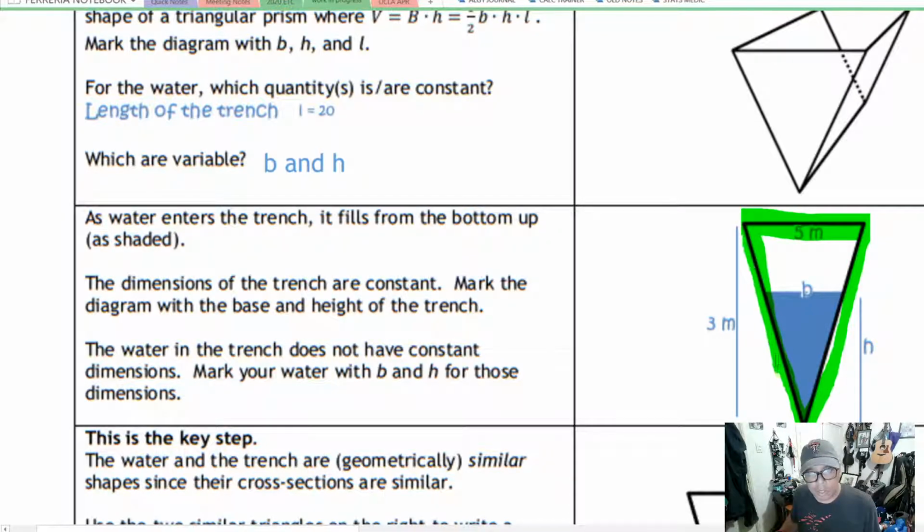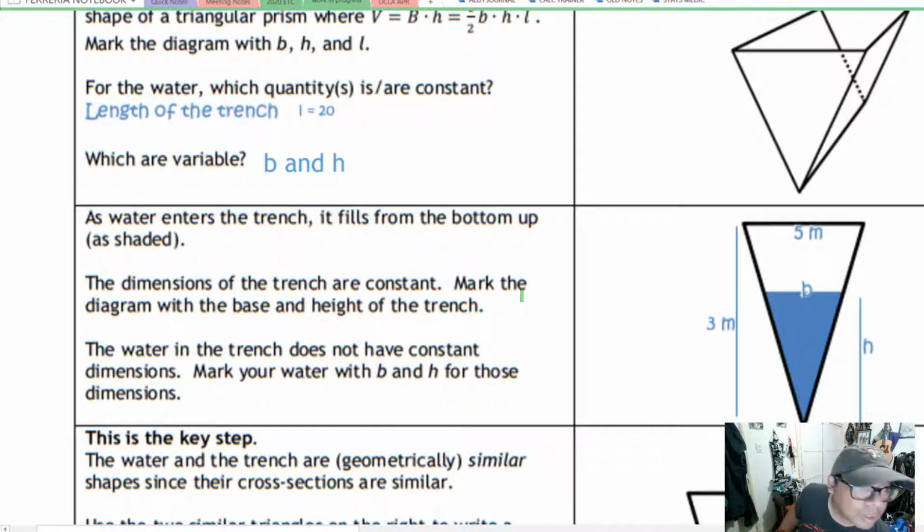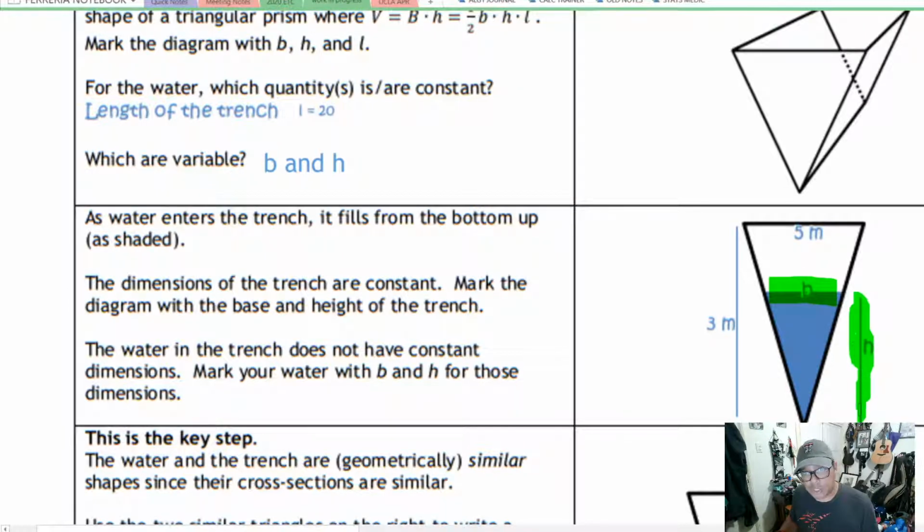Those two triangles are important to us because they are similar triangles. The blue triangle has a base of b and a height of h. These are both changing, and that means that the dimensions of the water are changing. And then the other triangle has a base of 5 and a height of 3.